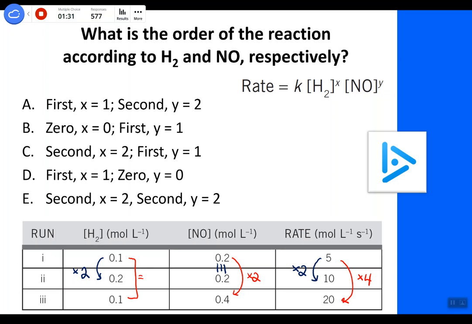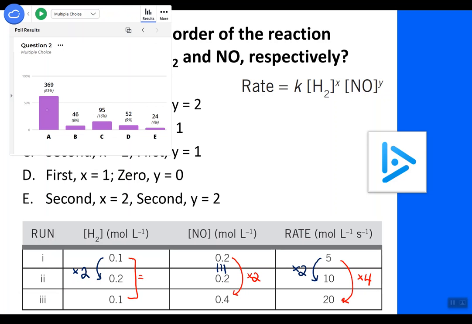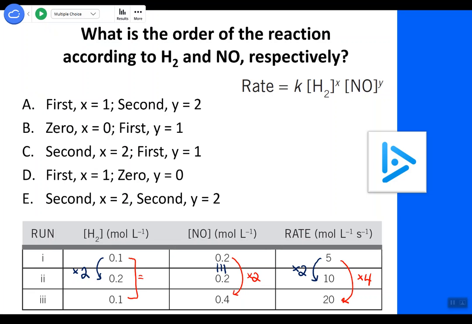And 3, 2, and 1. Okay, most votes for A, but only 63%. So let's see how this is the case.